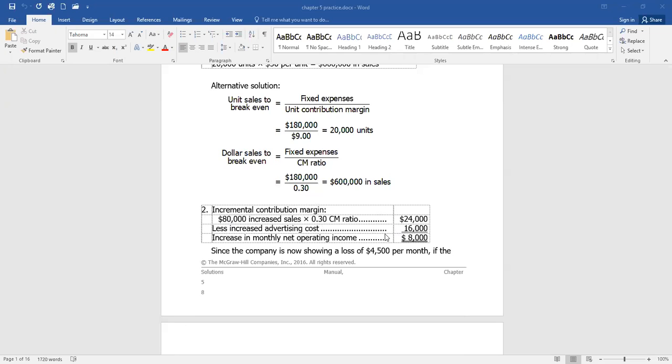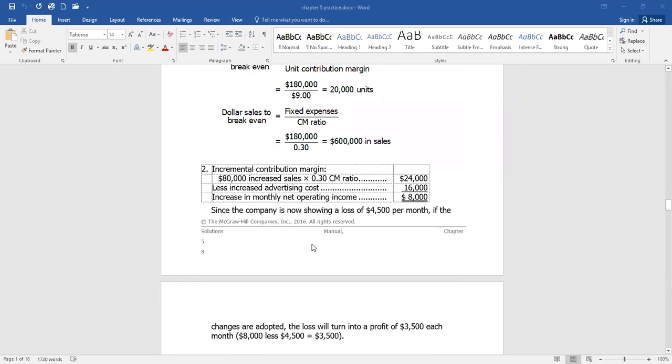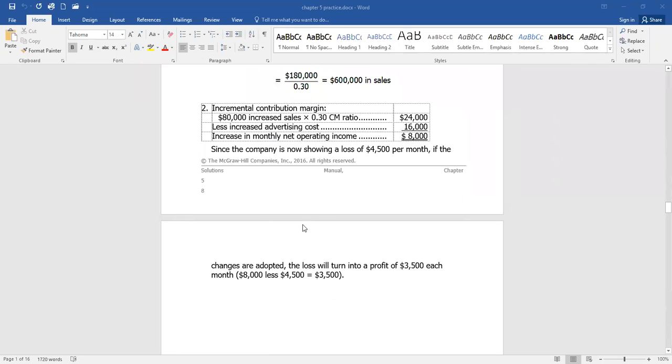Those $80,000 in sales will add $24,000 to the contribution margin. If we increase advertising cost by $16,000, the monthly operating income increase will be $8,000. Since the company is now showing a loss of $4,500 a month, they would now show a profit of $3,500 because of that additional $8,000 in net operating income.